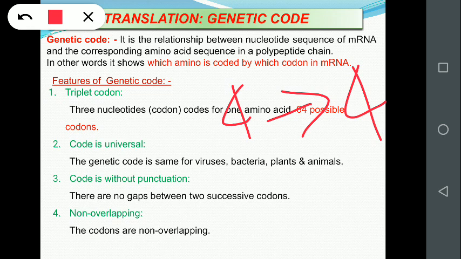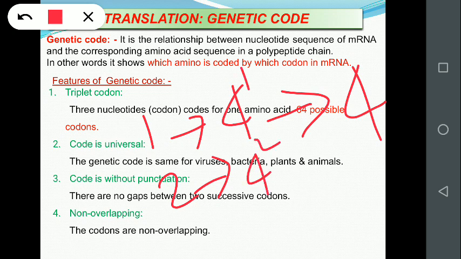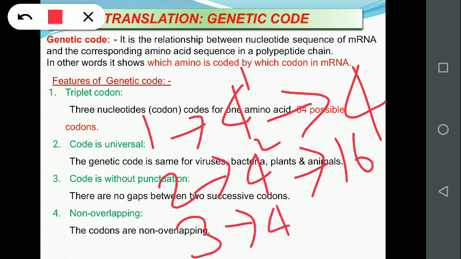If we use 2, that is a doublet codon, we get 4 to the power 2 number of codons, that is 16. 16 is also not sufficient to code for 20 amino acids. Then we go for 3, that is a triplet codon, 4 to the power 3, that means 64 codons in total, which is sufficient to code for 20 different amino acids.